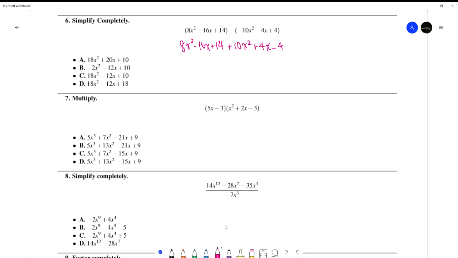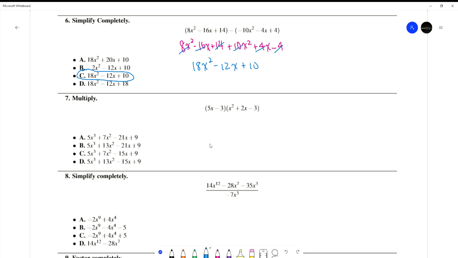And then we can combine the like terms. So we have 8x squared plus 10x squared is 18x squared. Negative 16x plus 4x, that's negative 12x. 14 minus 4 is plus 10. And we see that it is answer choice C.